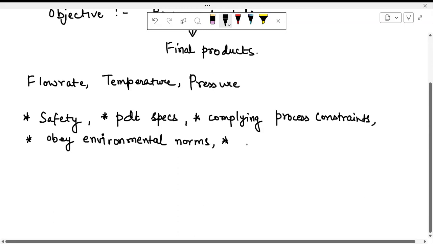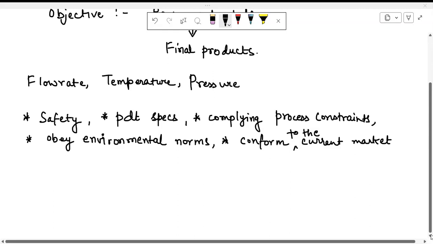Also, we need to stand up to the current market conditions. So, depending on the demand, you will produce, and accordingly, you will plan the overall throughput through a particular process.